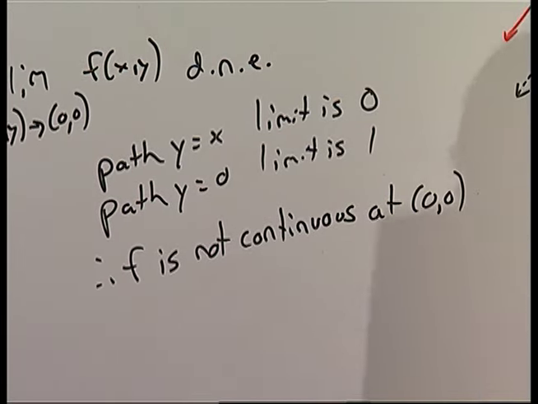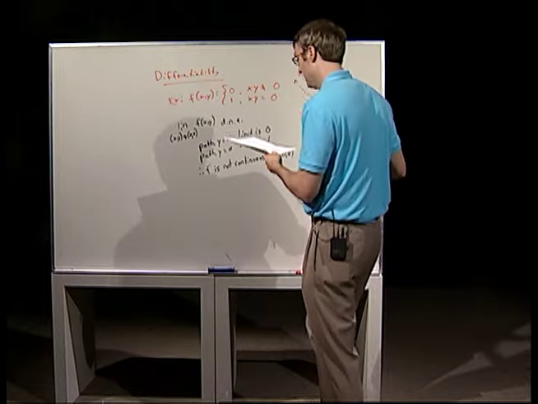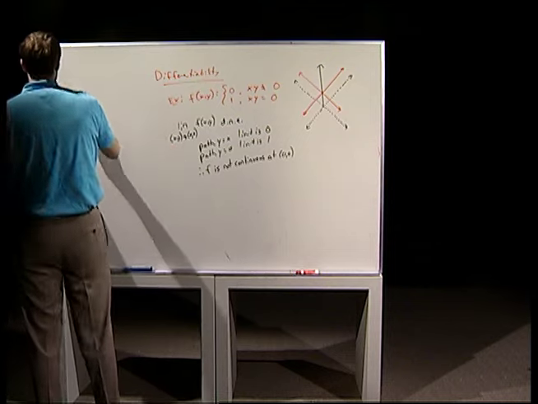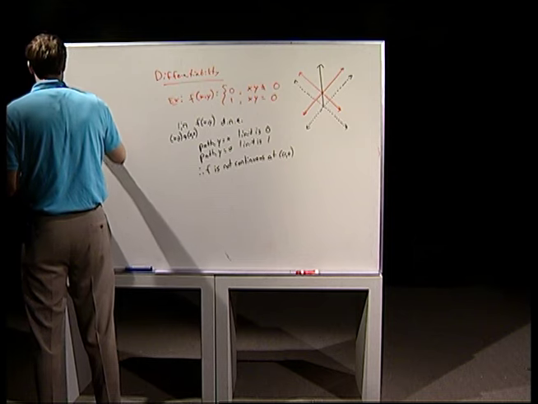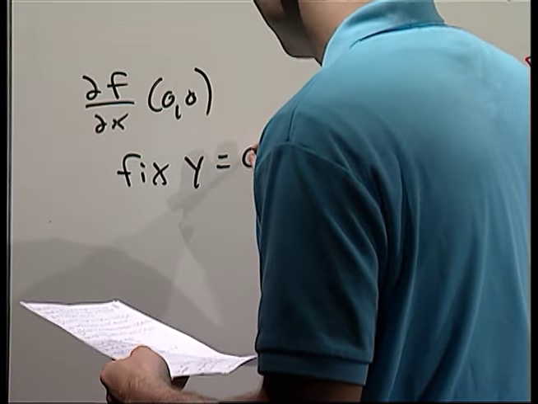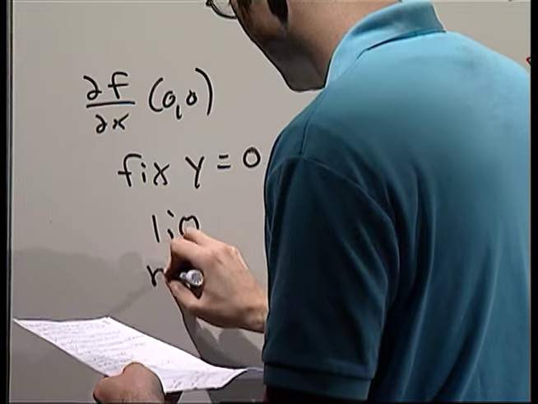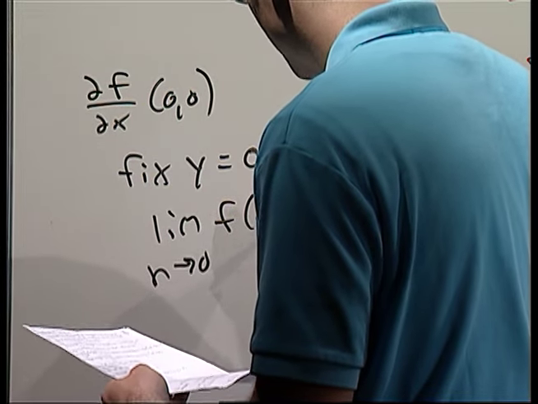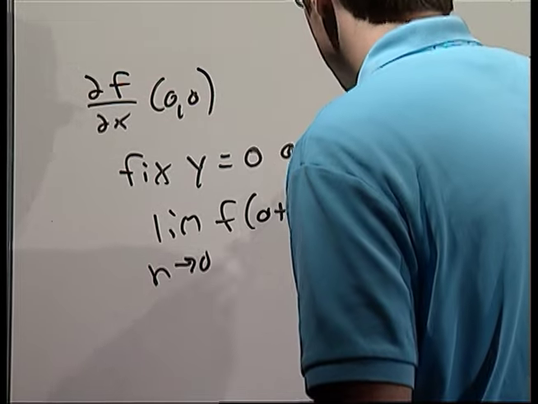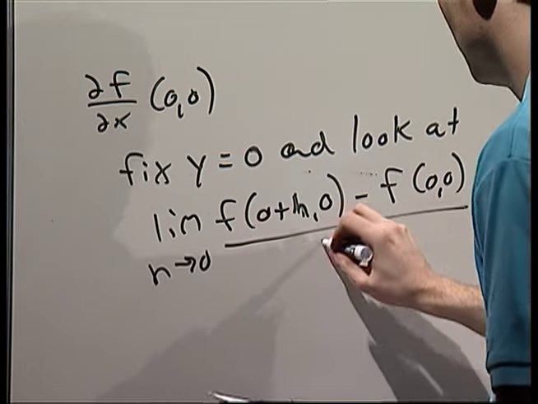But it turns out this function has partials that exist at (0,0). So it's not continuous there, but let me talk about the partials. What about partial f partial x at (0,0)? It means you fix y equals 0, and you have the following limit: the limit as h goes to 0 of f(0+h, 0) minus f(0,0), all over h.